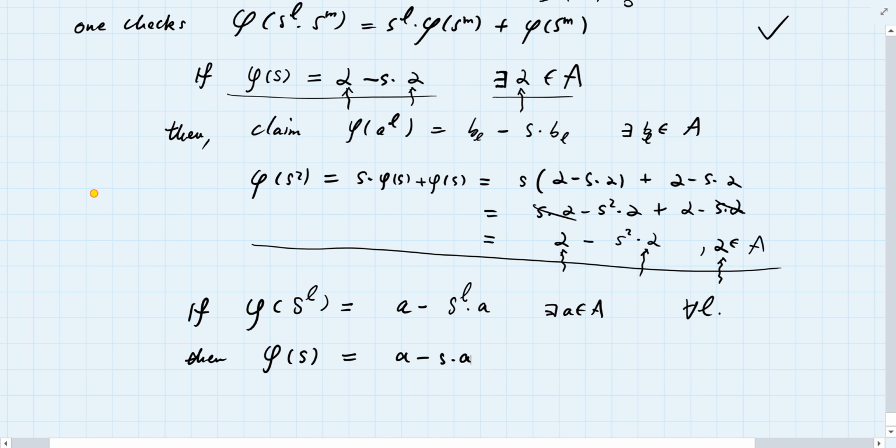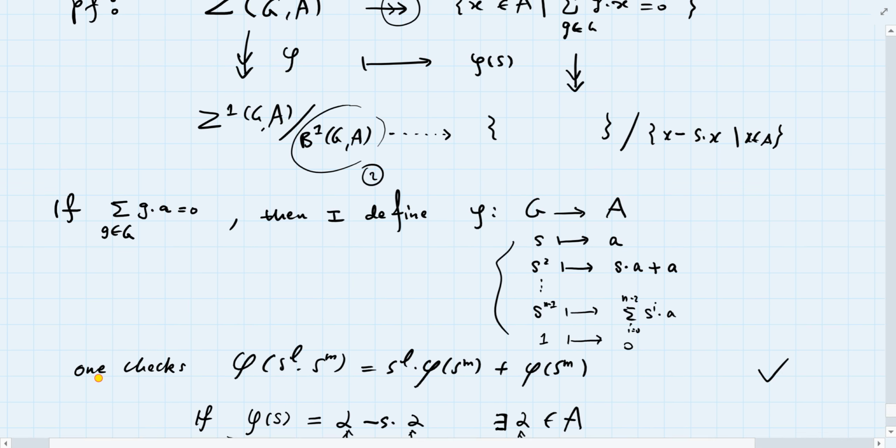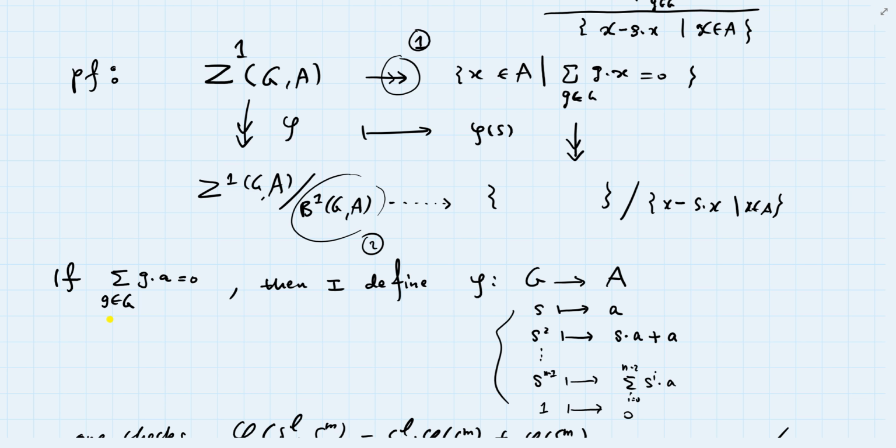okay, so this means that we're mapping to here phi s, the phi s you map into this quotient ideal.